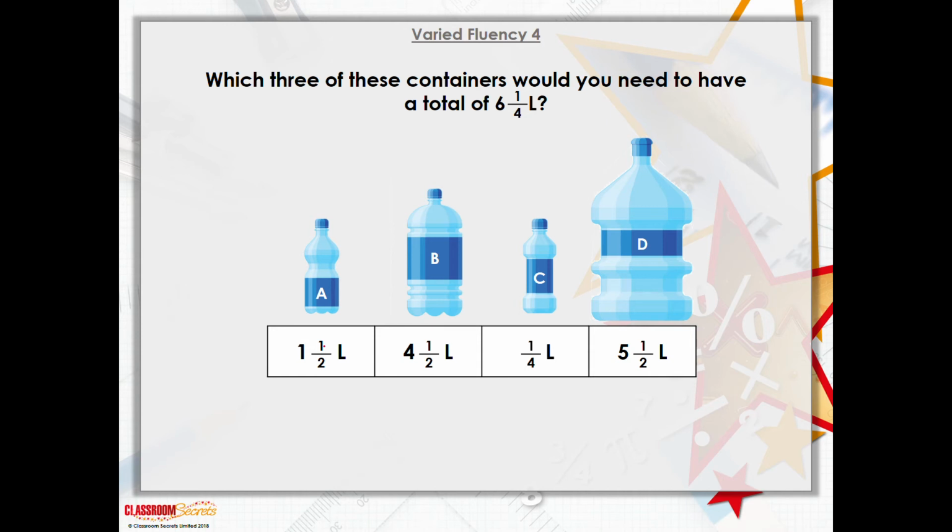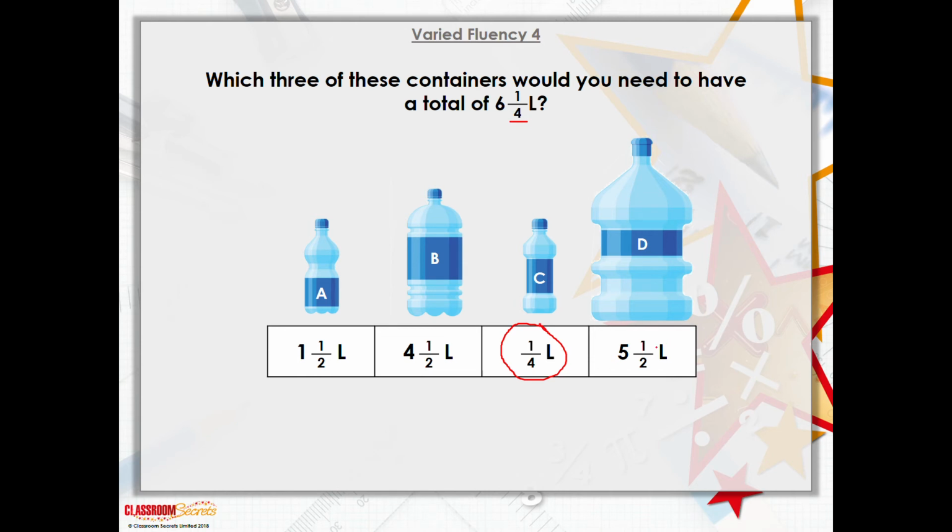So we've got 1 1/2, 4 1/2, and 5 1/2 here. Now, if we add 2 halves together, we should know that we make a whole. And when we have our whole, we have our 1/4 litre here that's going to give us the quarter with our 6 quarters. So this capacity here must be one of our options.